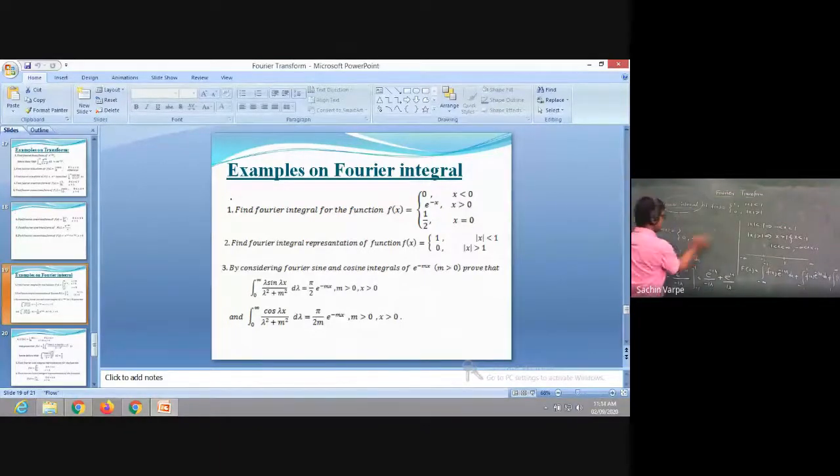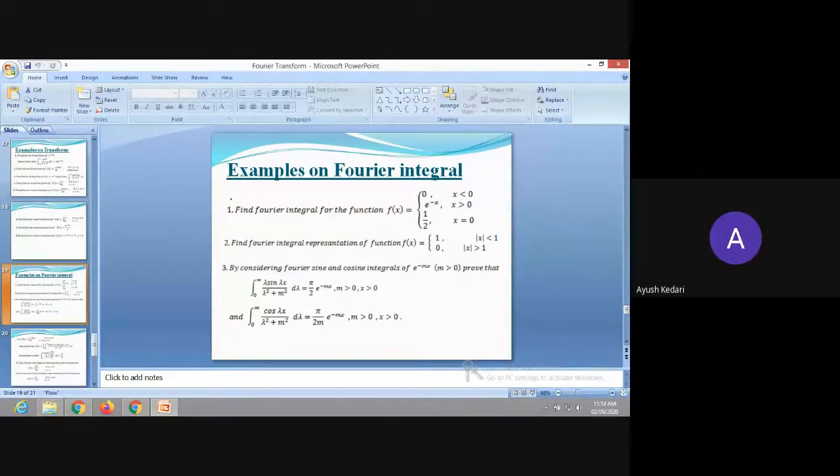So this I can rewrite as f of lambda equal to, if I take 1 upon lambda common outside, this is positive and this is negative, so e to the power i lambda minus e to the power minus i lambda upon i, right? If I multiply and divide by 2, then this is the formula of sine of lambda.